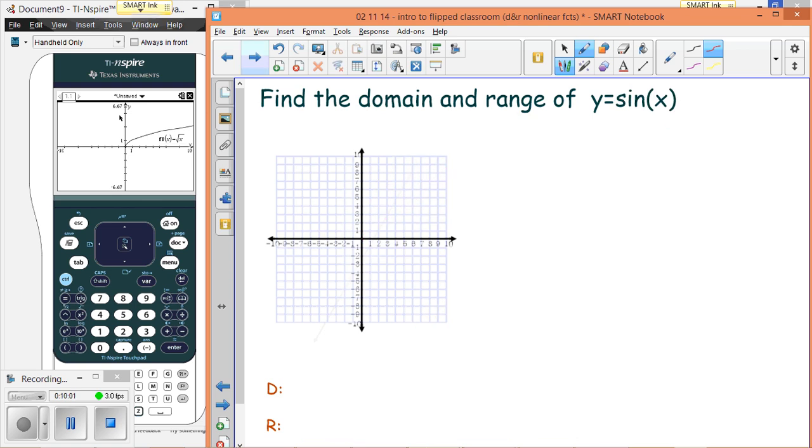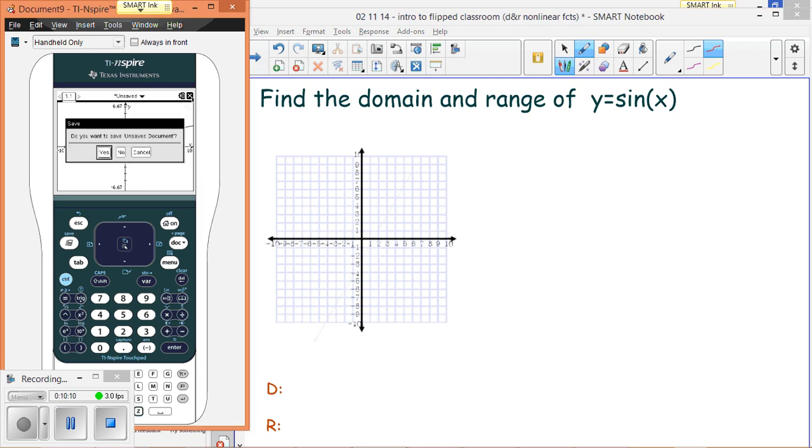Okay, the next one, find the domain and range of y equals sine of x. I would not expect any of you to know what sine of x is, but your calculator sure does. So what I'm going to do is I'm going to do trig, it's a trig function, sine of x, and graph it. This is what sine of x looks like. It will become your best friend at some point. That point is probably not right now.